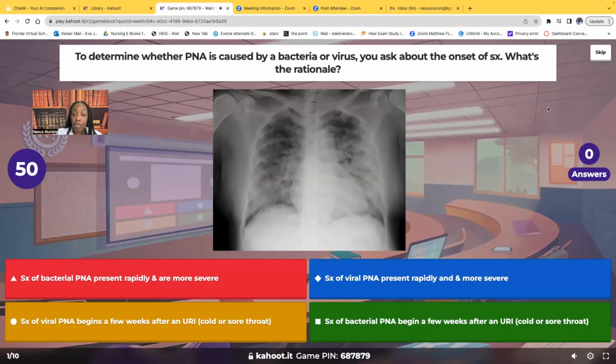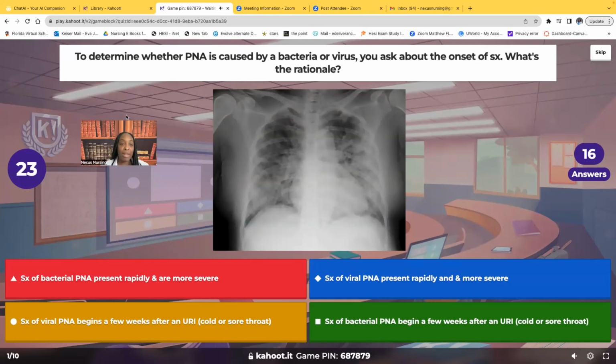Or symptoms of viral pneumonia begin a few weeks after an upper respiratory infection, something like a cold, a sore throat, stuffy nose, or symptoms of bacterial pneumonia begin a few weeks after an upper respiratory infection, such as a cold or sore throat. So when you ask the patient about the onset of symptoms, why are you doing that? What is the rationale behind that?